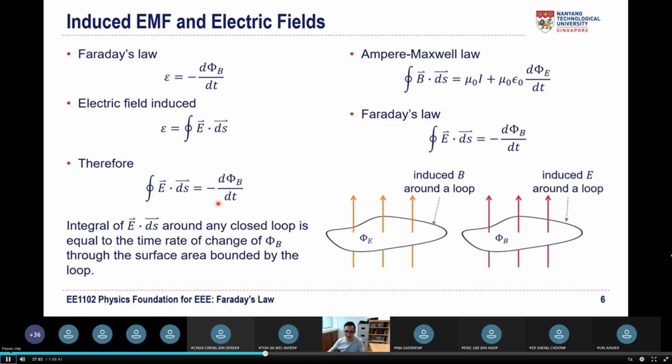Likewise, if a magnetic flux changes with time in the loop, then we get an electric field created. That's a very important consequence of these two equations, and it's important for electromagnetic waves, which is light. We're going to take a look at that later on.